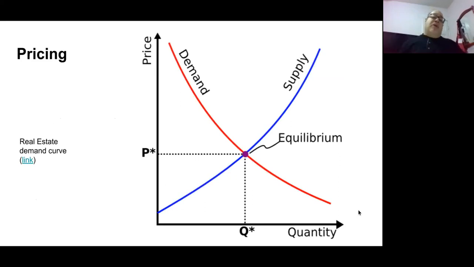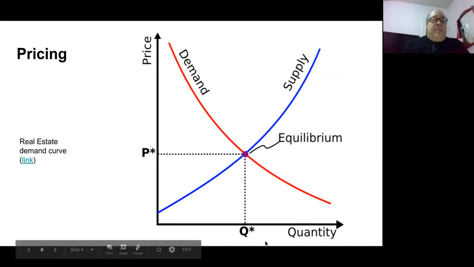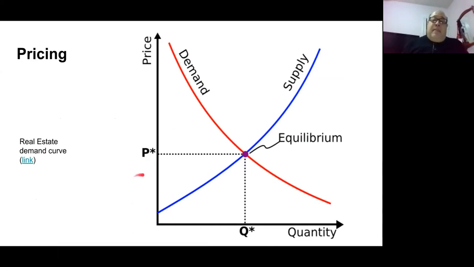All right, so we're going to talk about pricing, and pricing has to do with economics, the economics of everyday life. And this looks a little bit complicated, but this particular center point of the graph, this equilibrium, is simply saying that's the Goldilocks spot.